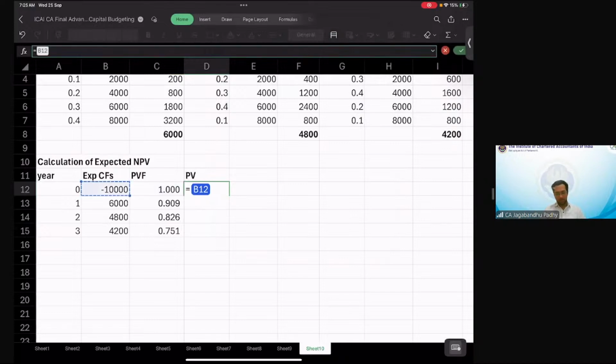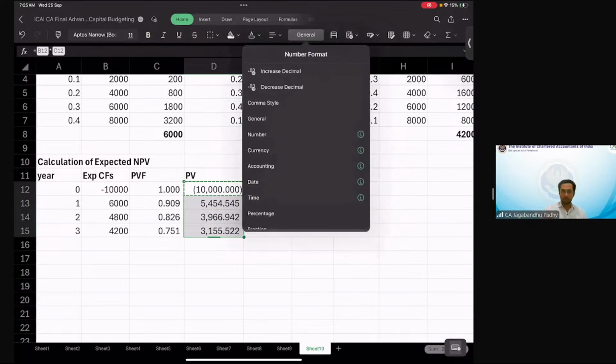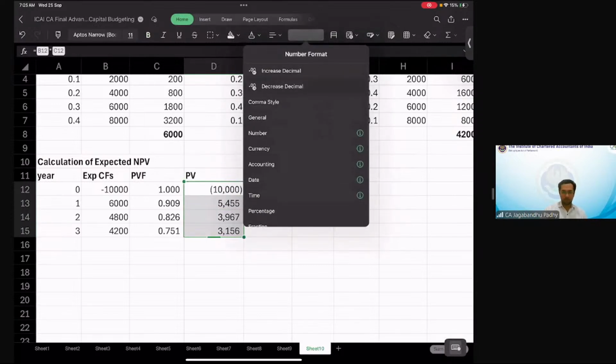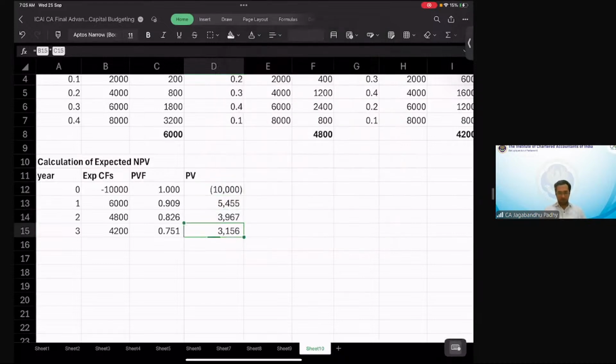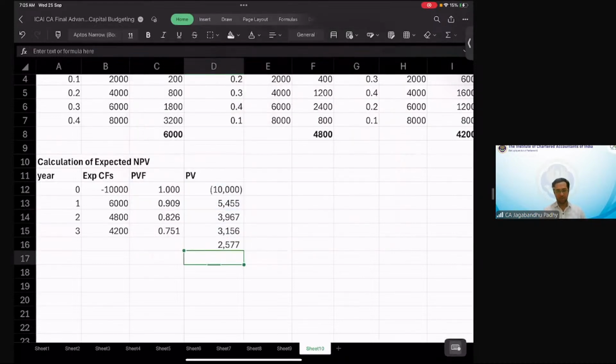And then PV, which is expected cash flow times PV factor. And then when we are looking at the NPV, that will be just the summation of these, which is 2577.